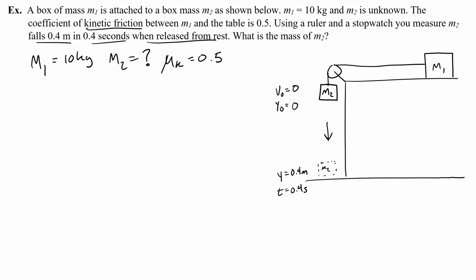Before I do anything, I'm going to recognize that it has given me enough motion information to solve for the acceleration, which is a very useful quantity in these problems. So what equation am I going to use? Well, I look at my motion equations and I think about what has y naught, a, t, and it's this equation.